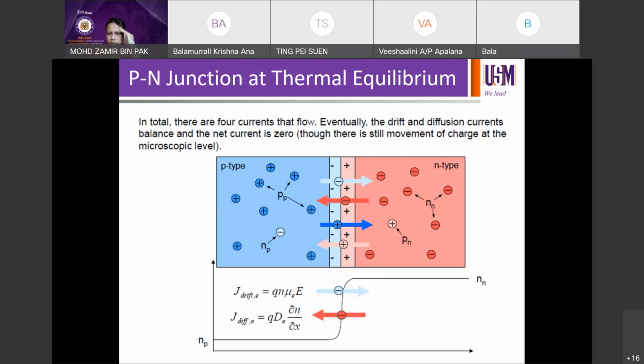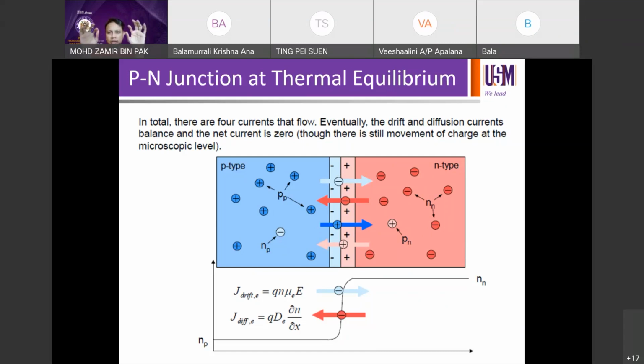So is the built-in voltage from the depletion region itself? Yes, good question. But then the depletion region gives rise to the built-in voltage due to the formation of fixed ion charges in this region. So these ion charges, negative and positive, are fixed. It's not like moving charges. It's fixed ion charges yang kehilangan electron or hole.